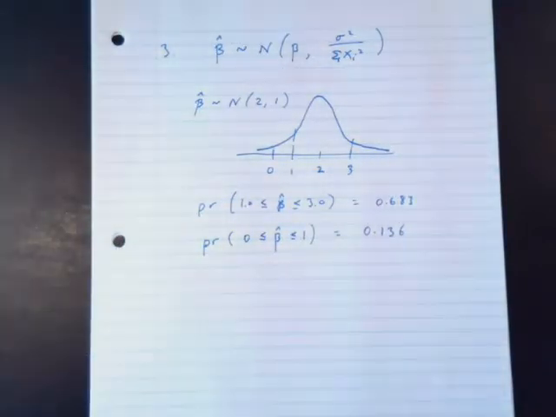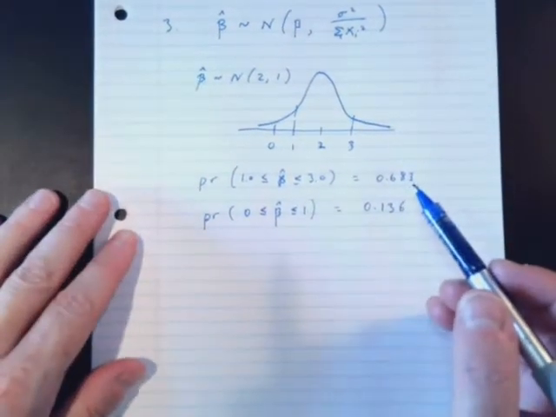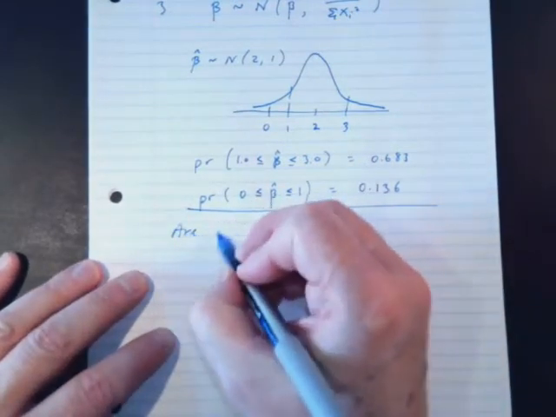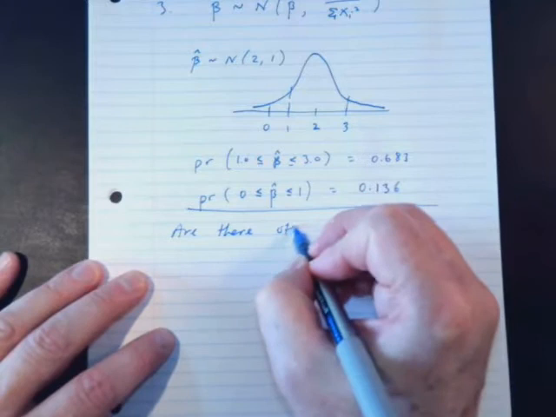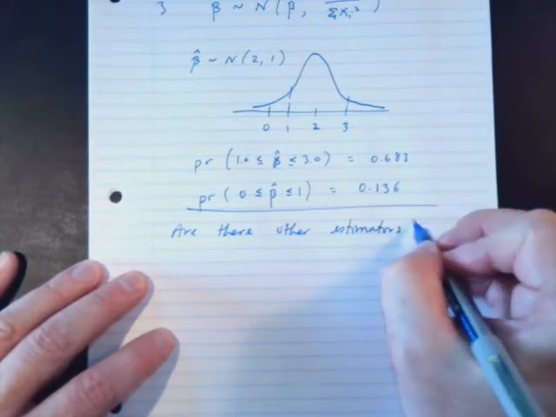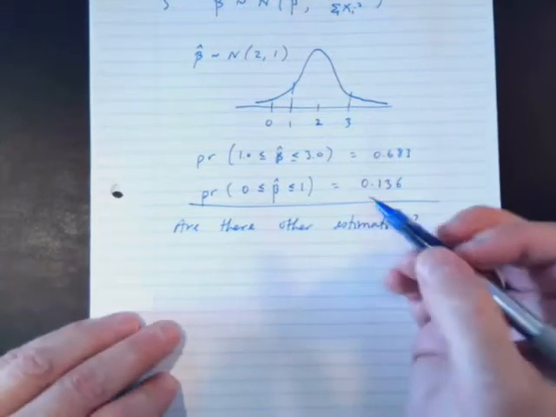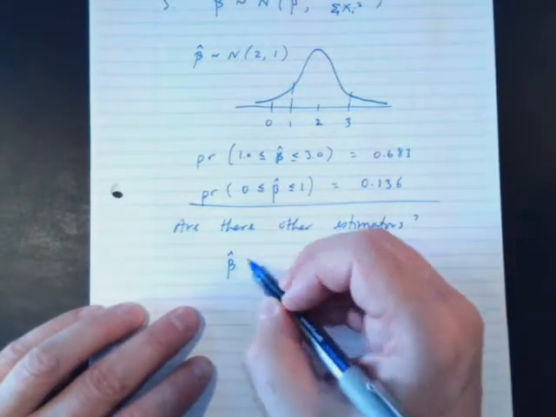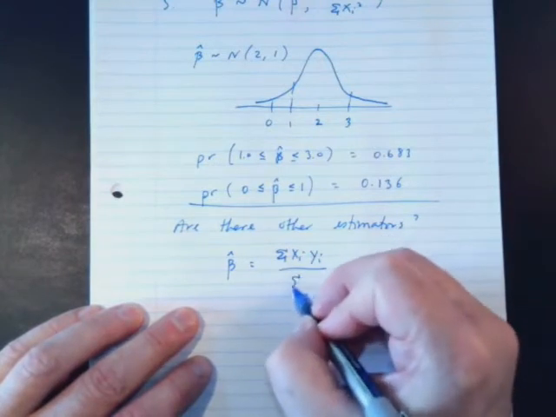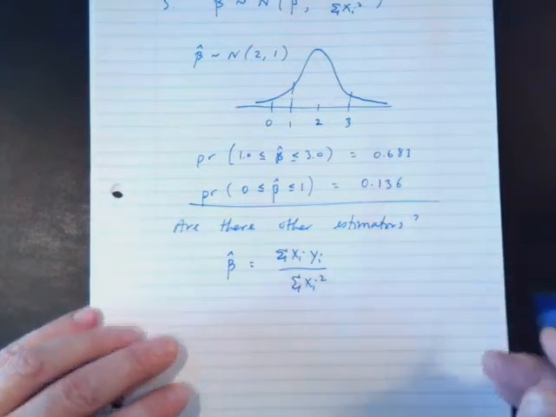Now I want to back up a step and ask, are there other estimators? Okay, so you'll remember that the formula we're using is beta hat equals the sum of x, y over the sum of x squared.